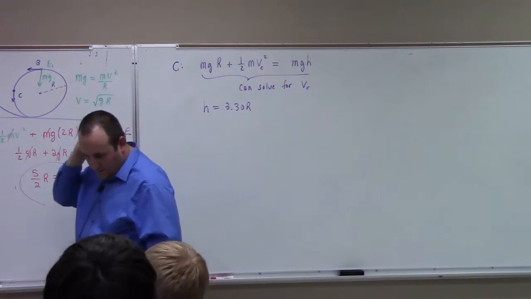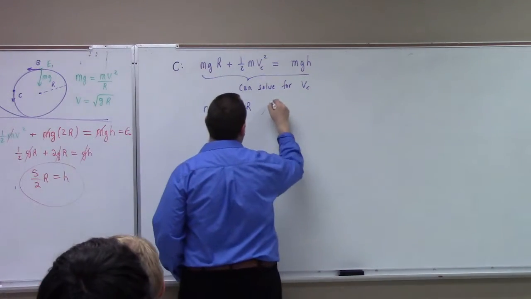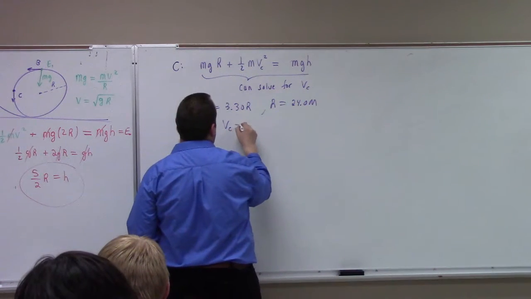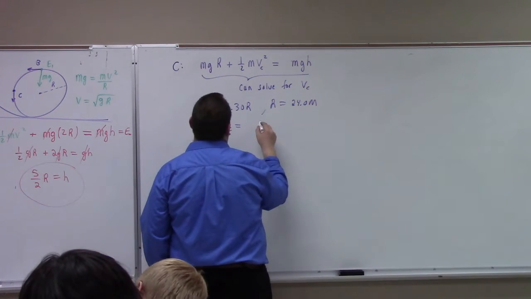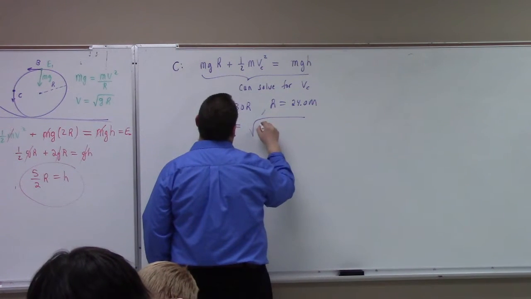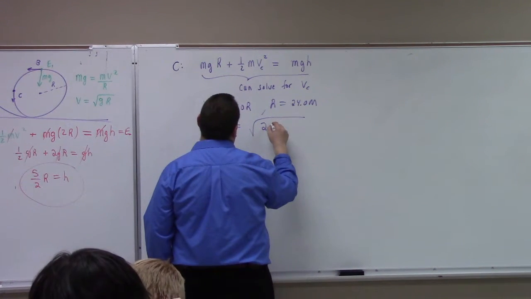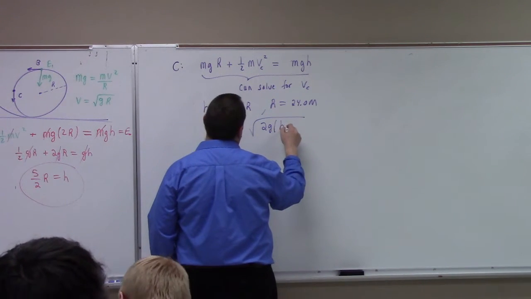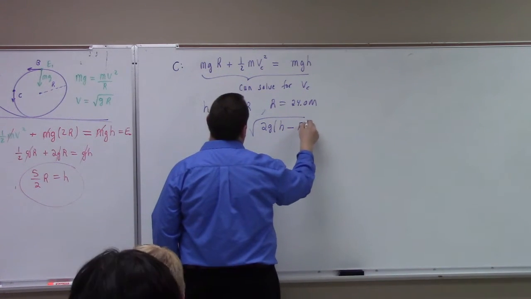If h is equal to 3.30 r and r is 24 meters, then let's see here, vC will be, notice the m's cancel, that's beside the point, the square root of 2 times g times h minus r, I think.